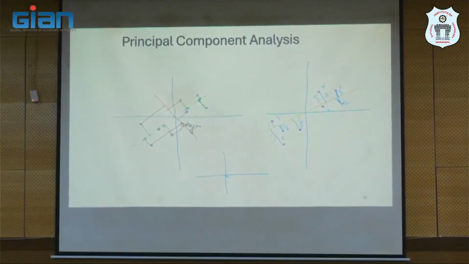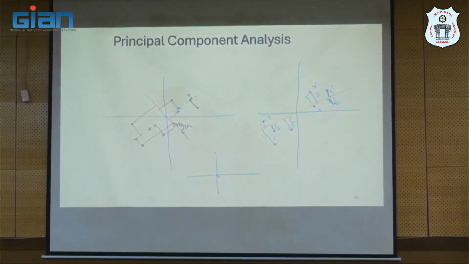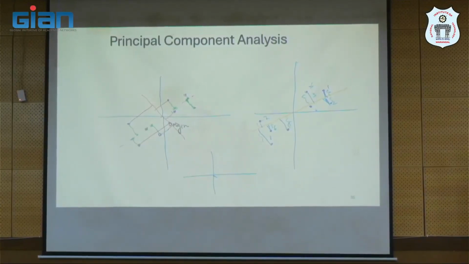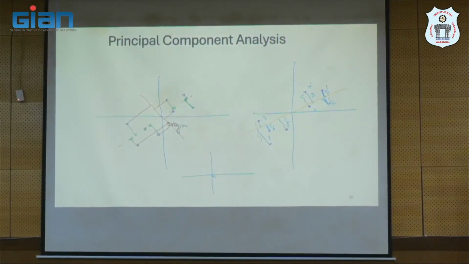Okay, so pictorially speaking, it is the best fit for the given data set. So it can be anywhere, but the one that gives the minimum error would be considered as the principal component. So we are considering the first principal component error, and again the second principal component error also should be minimum.